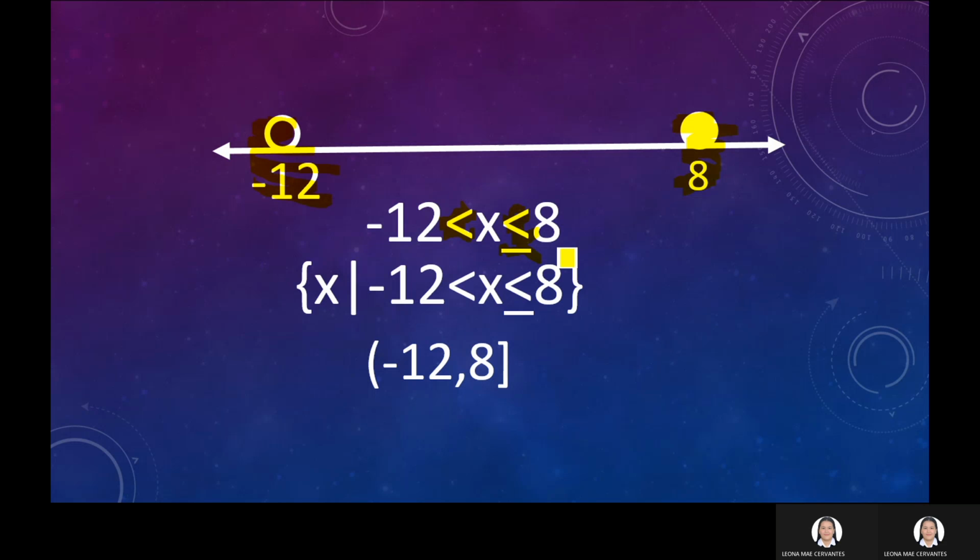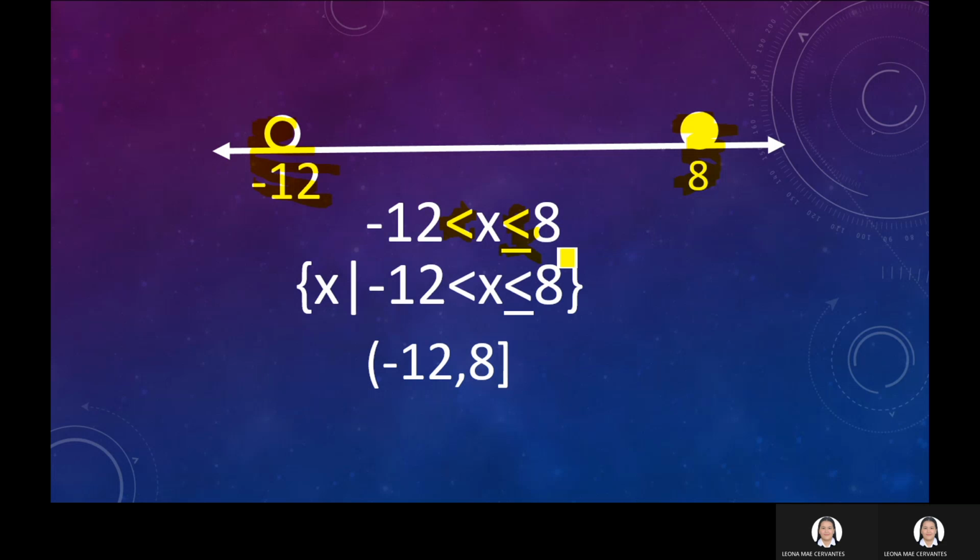So for our inequality notation, we have negative 12 is less than x and x is less than or equal to 8. Next, for our set builder notation, we have the set of all x such that negative 12 is less than x and x is less than or equal to 8.